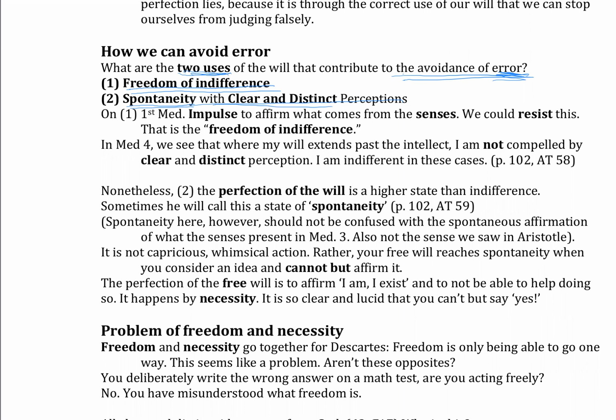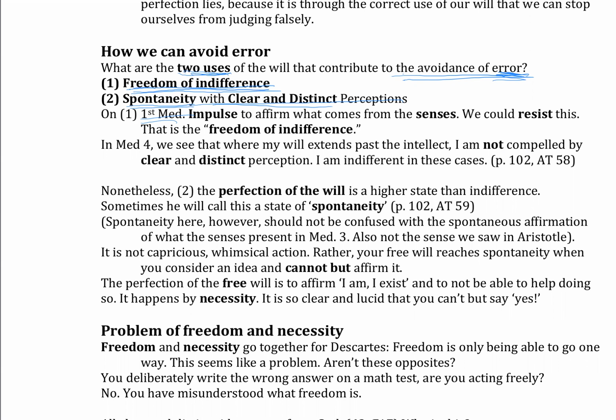So first, let's look at the freedom of our will to pursue or avoid, affirm or deny, what he calls the freedom of indifference. So the evidence for the will and its freedom of indifference first arose in the first meditation. Why? Well, there we registered the impulse to affirm what comes from the senses. The fact that we can resist this impulse shows our freedom of indifference, right?